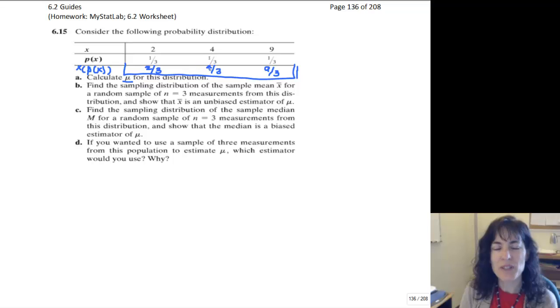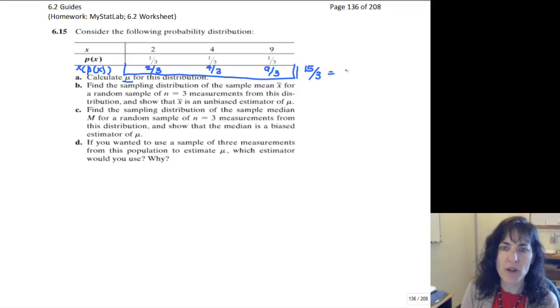So I have 9 plus 4 is 13, 14, 15, so I end up with 15 thirds, and then at this point I definitely want to reduce to 5, and that's going to be my mu.